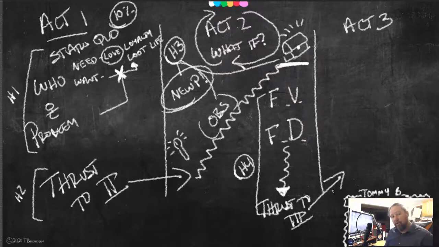Unlike the thrust to 2, most often this is going to be a deliberate decision. The character has now gone through everything, learned something new, obtained great things, gone through this entire upside down world, and is now ready to go back and face the original problem that they had in the very beginning of this film to overcome whatever is involved there.